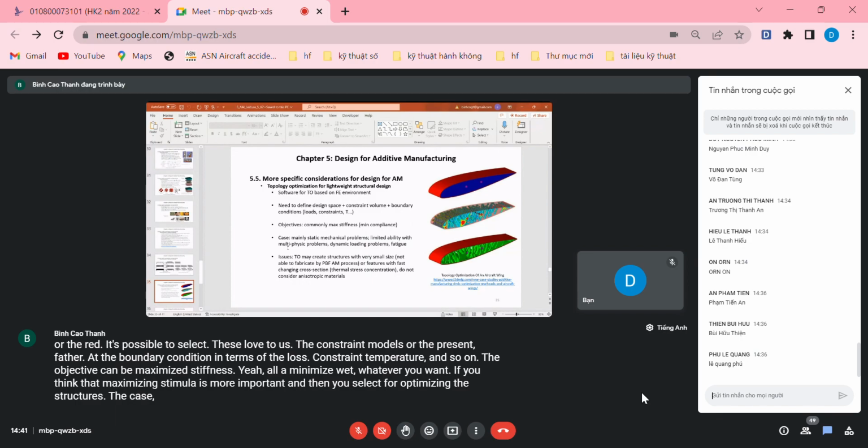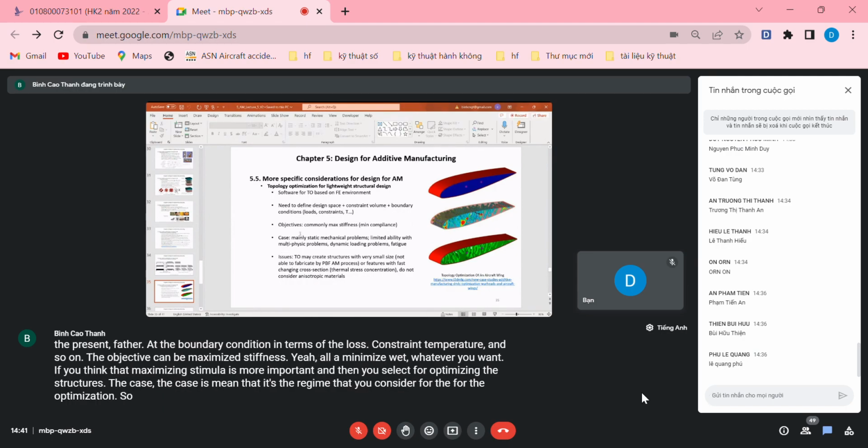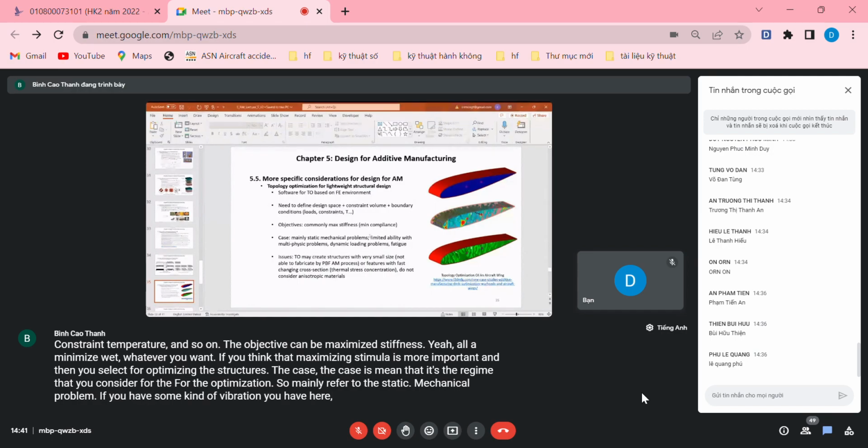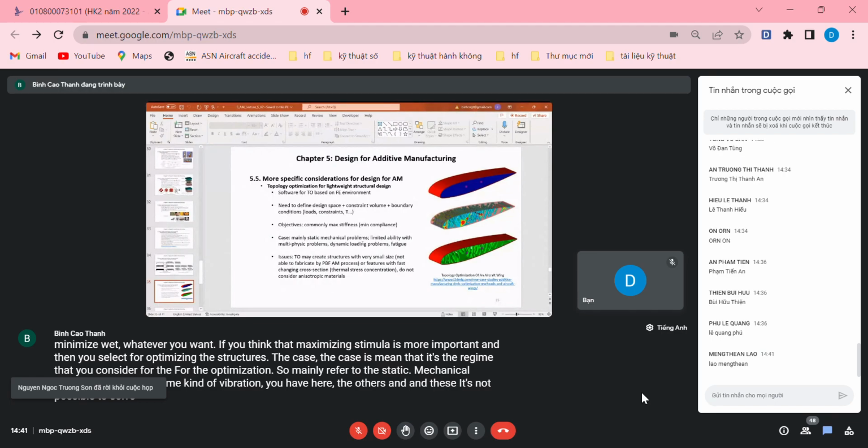The case means the regime that you consider for the optimization, mainly referring to the static mechanical problem. If you have vibration or other problems, it's not possible to solve them at the moment. The structure optimization just provides you the concept design.